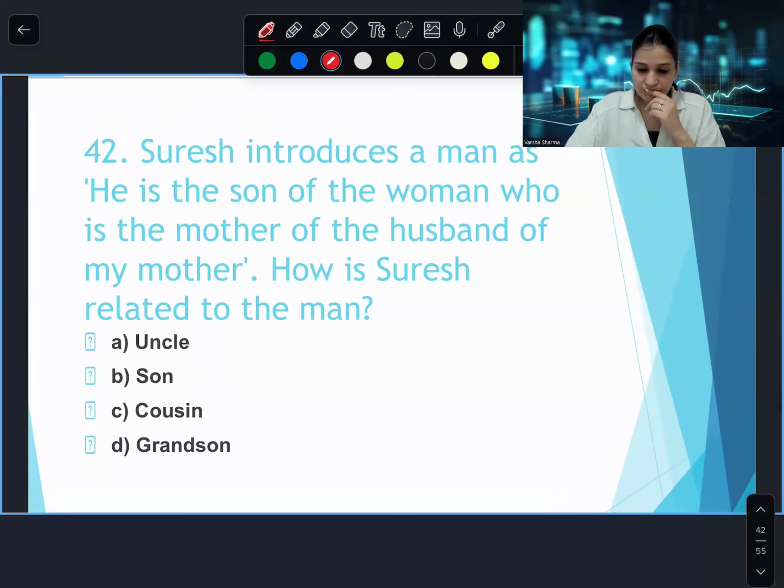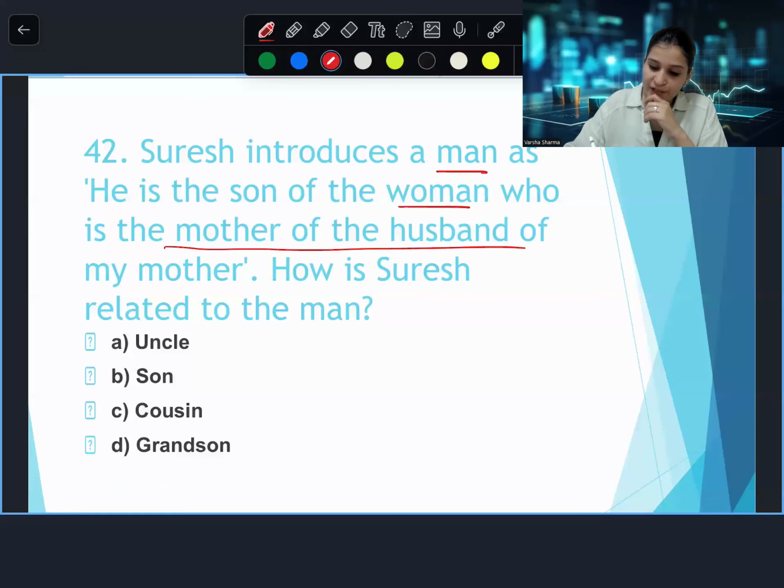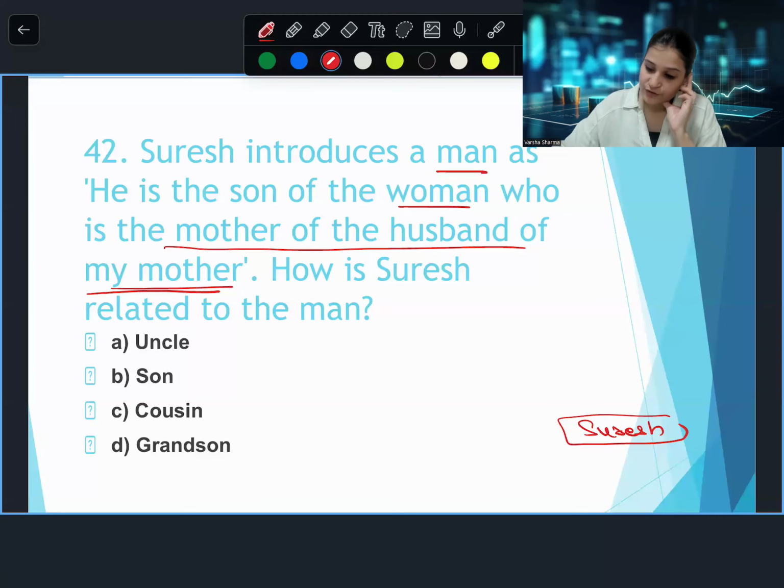42. Son, Suresh. Introduces a man as he. That means the man is the son of the woman. Who is that woman? The mother of the husband of my mother. Okay, Suresh. My mother means Suresh's mother.